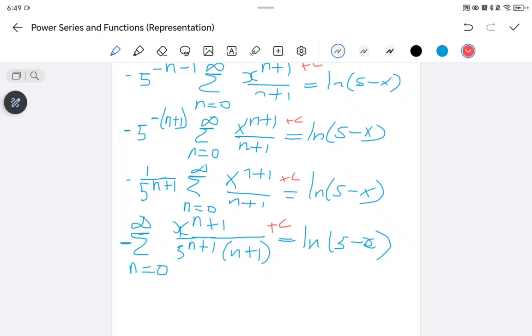So let me try to scan this question and see from Photomath, do we get the plus c or not?